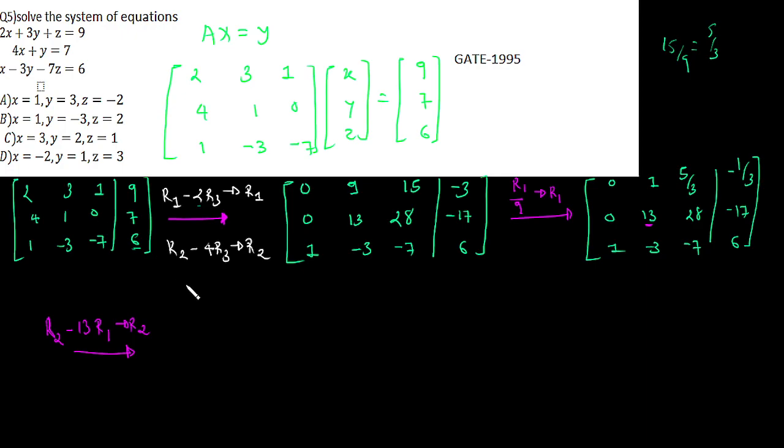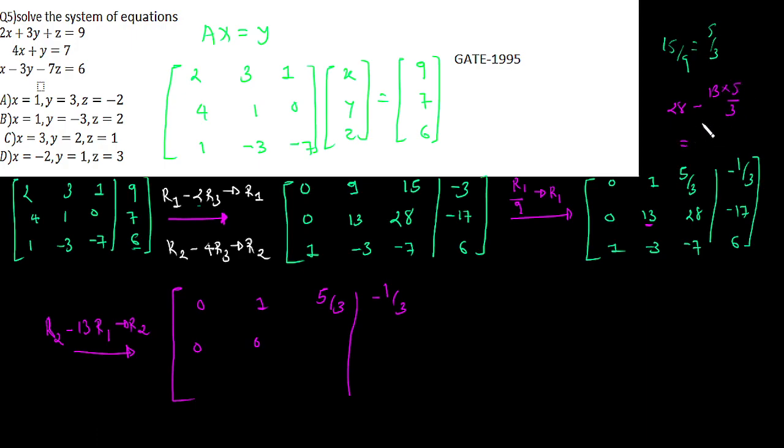So let's write it here, the first row as it is. Here 0, here also we are getting 0. Now here we have 28 already, 28 minus 13 multiplied with 5 by 3.